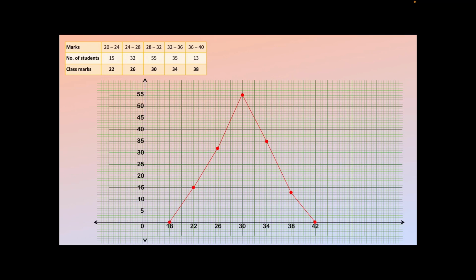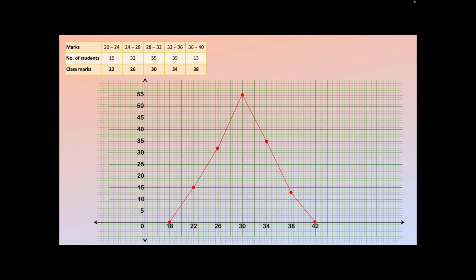The class intervals are at a gap of 4, and so the class marks are also at a gap of 4. Now if you see the x-axis, starting from the origin 0 and also taking an imaginary class before the given data, the first class mark that is required for our frequency polygon is 18.